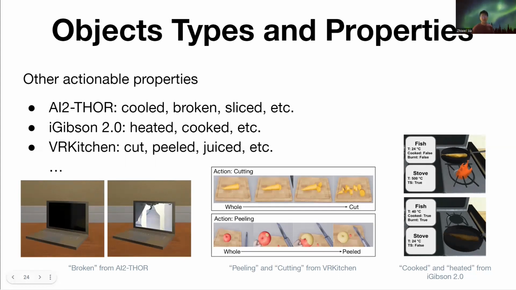Another example is the peeling or cutting properties of food or materials in general in VR Kitchen. And you can see there is actually a fine level of state changes here. Finally, the example of temperature modeling is provided in the iGibson 2.0 environment.